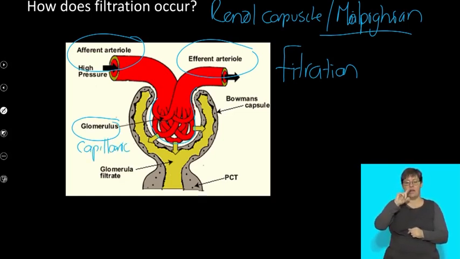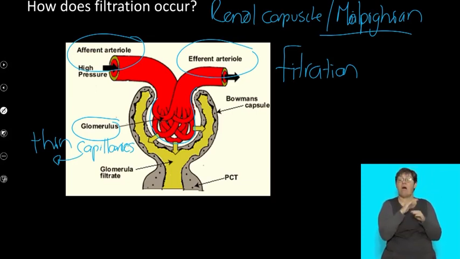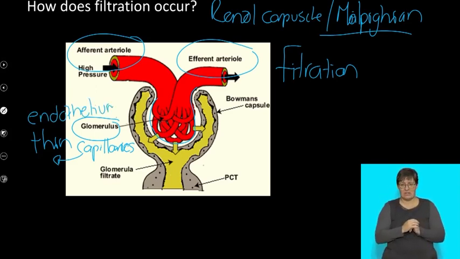If you can remember when we looked at capillaries, we know they are very thin structures. They're only made up of one layer of cells. I hope you can remember the endothelium, a layer of squamous epithelium. They are very thin. Why do we want something thin? Because we've got to move things. Look at my arrows. I want to filter my blood.